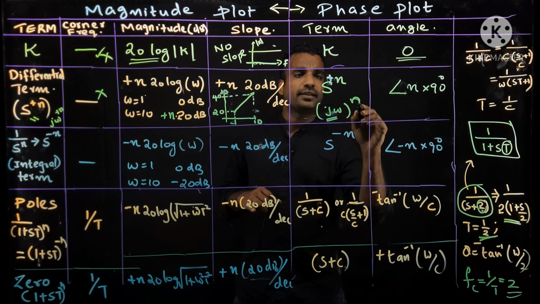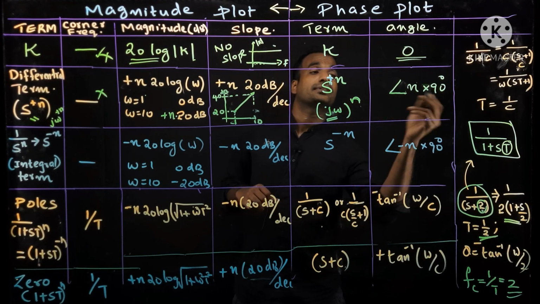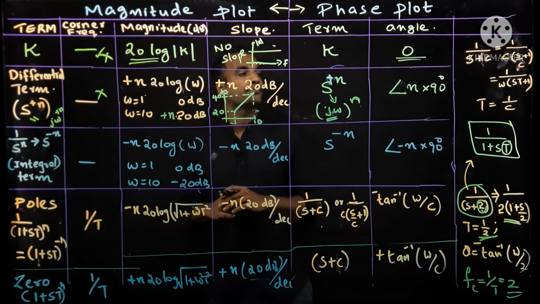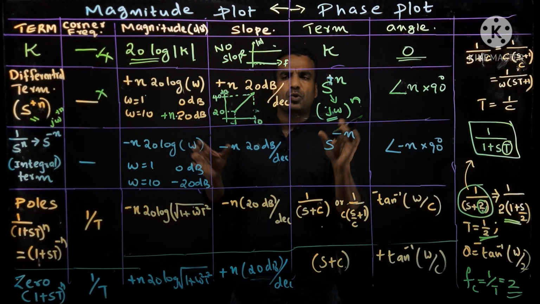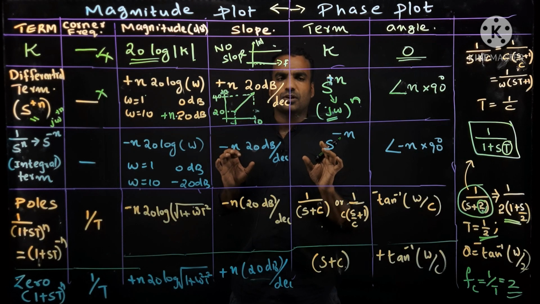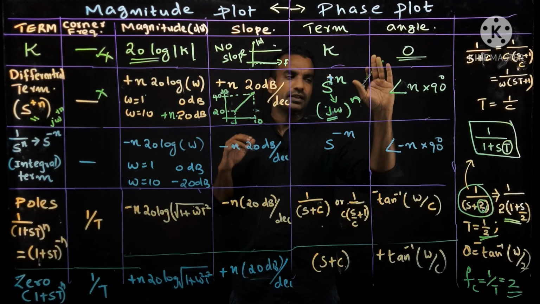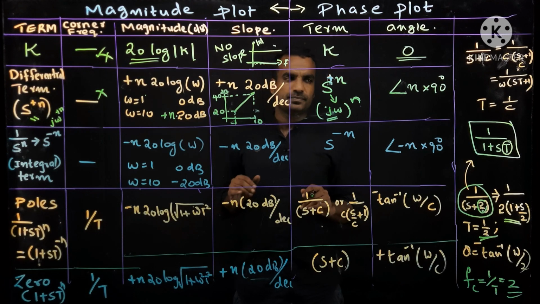Why do I have to take n? If it is s square, it is 2 into 90. If it is s cube, it is 3 into 90, like that. I am drawing something extra on the columns, but for by-hearting you don't do these things. You have to keep the original table initially. You have to draw the original table initially in your notebook.